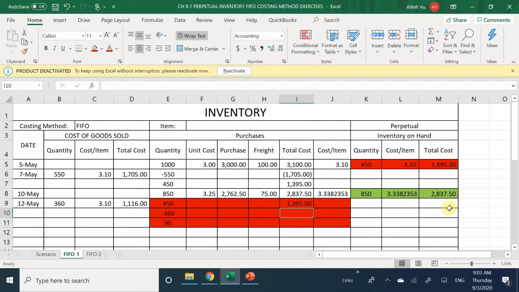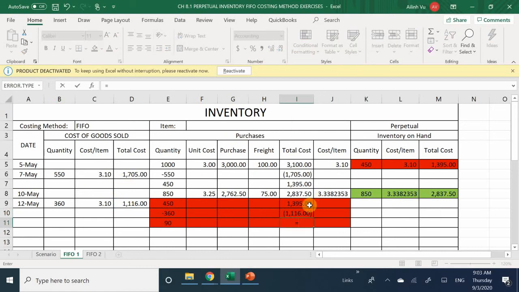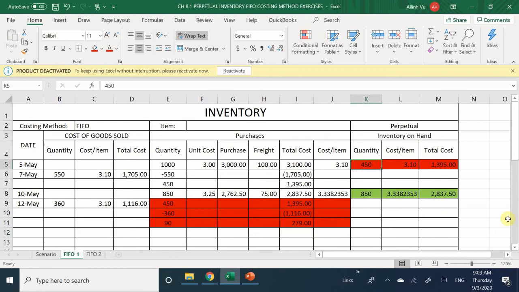Same thing here. I started with $13.95, I'm going to subtract out my $11.16, and I get a grand total of what? $279.